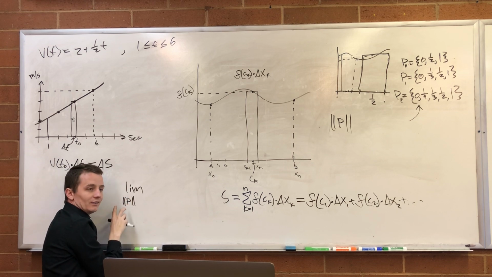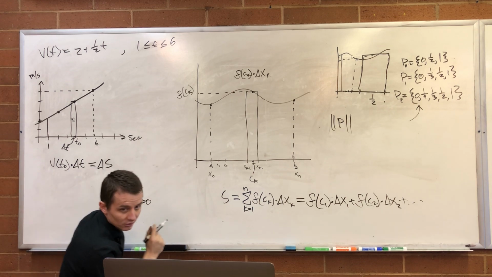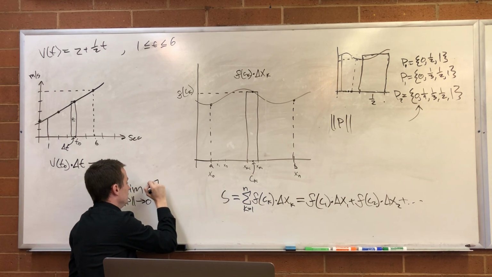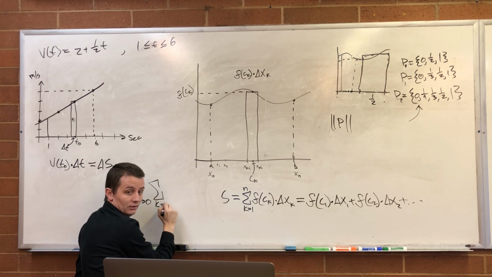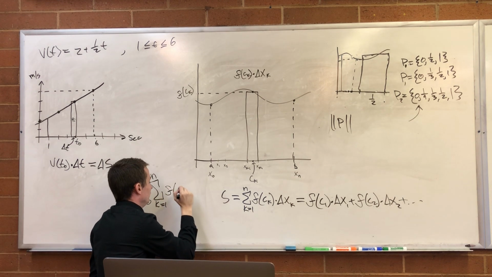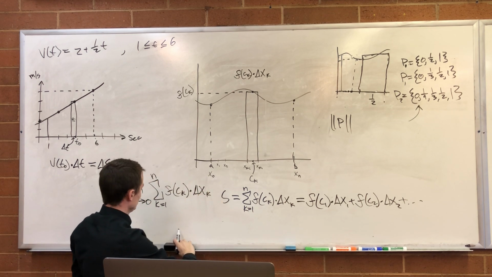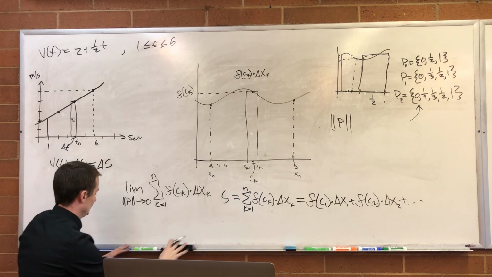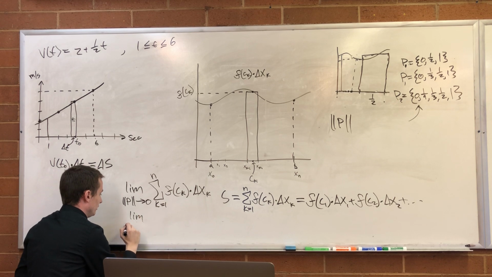We take the limit as the gap, or the norm of the partition, goes to 0 of the sum from k equals 1 to n of f of c sub k times delta x sub k. And let me rewrite the one that we had up here so that you can see how they're connected, and see how it's just a special case.